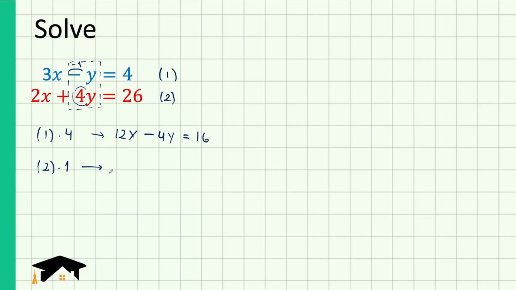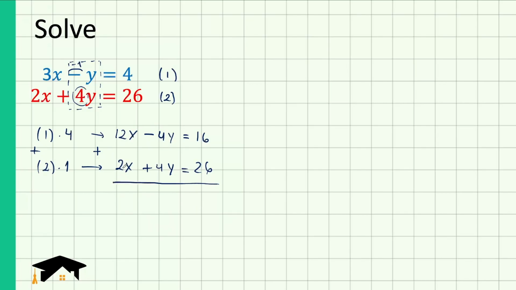The second equation multiplied by 1 will just keep it the same, 2x plus 4y equals to 26. So now if we look at the y terms, we have minus 4y plus 4y. This shows us that if we add these two equations, we will get 0y, and that is exactly what we want. So let's add these two equations.